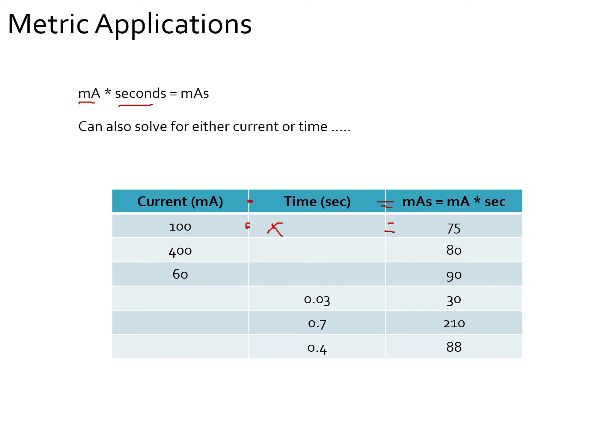So you will divide 75 by 100 to get the time. And in the bottom three, you'll do the same thing. X times the time equals the milliamp seconds. So you're solving the bottom for x as well. So pause the video and calculate those 6.